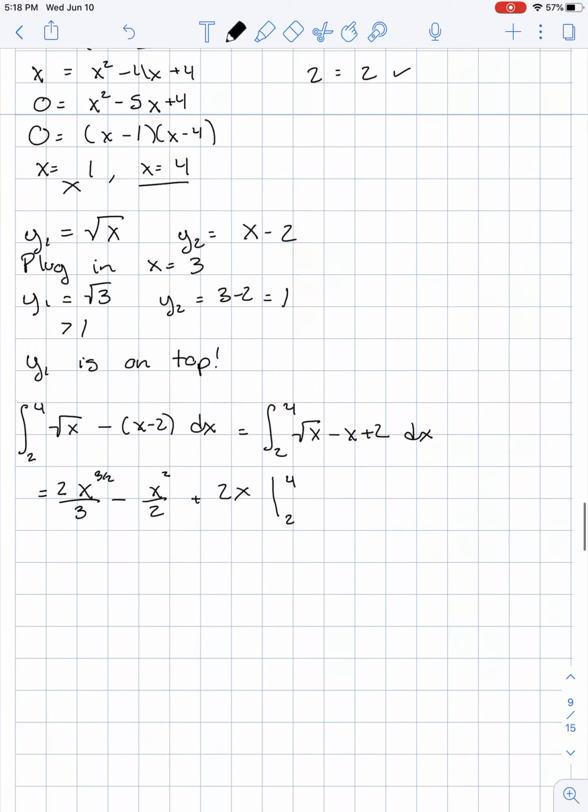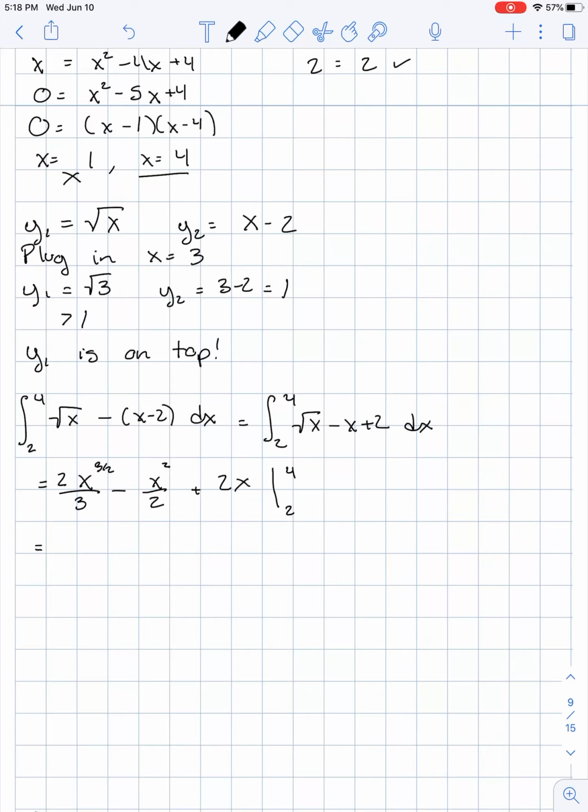All right, let's plug in 4: 2 times 4 to the 3/2 over 3, minus 4 squared over 2, plus 2 times 4, minus 2 times 2 to the 3/2 over 3, minus 2 squared over 2, plus 2 times, oops, not 2 times 4, 2 times 2.